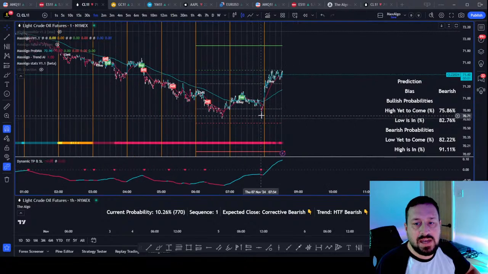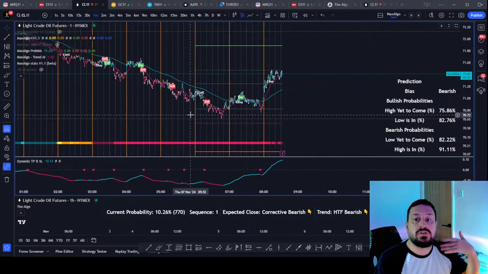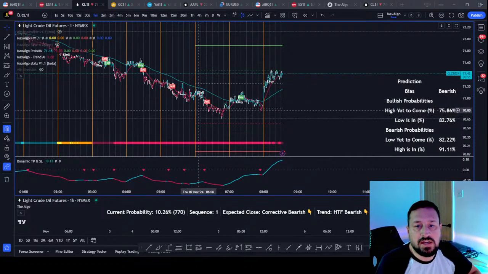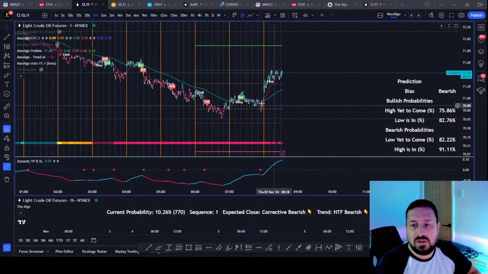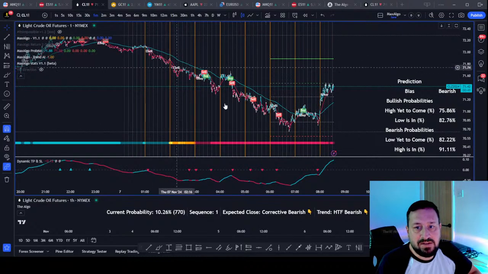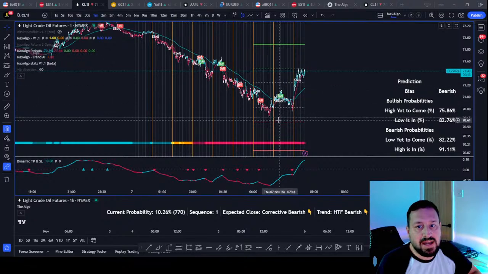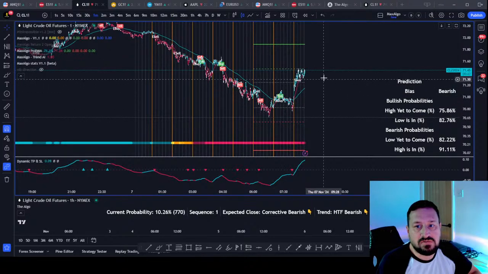So the algo's got two parts, and it's hard to explain. It's that probability of the candle, but then also the type of price action that you're currently getting. It maps out the market for you. It maps out potentially what we're in. We're in a distribution bearish stage. We're in a corrective stage. So this part now, we're expecting it to correct, right?